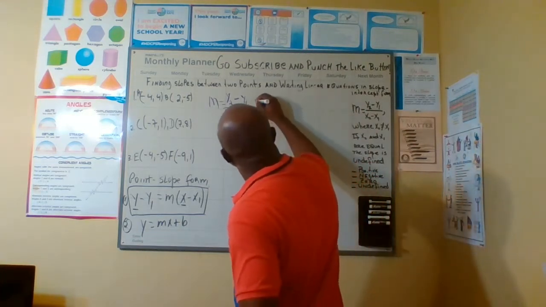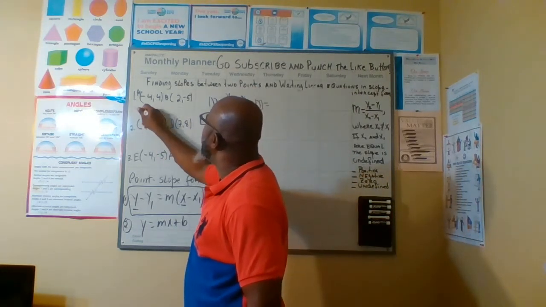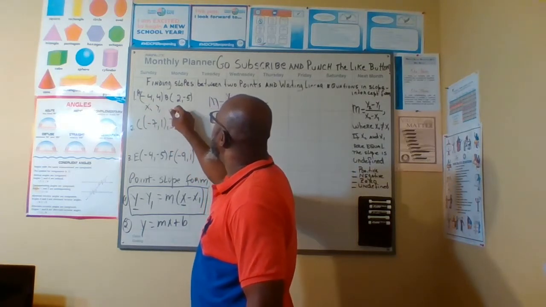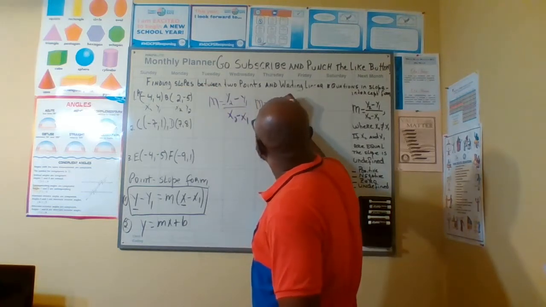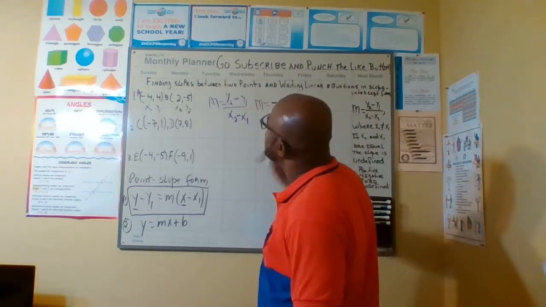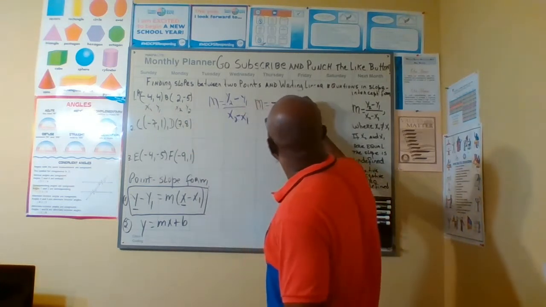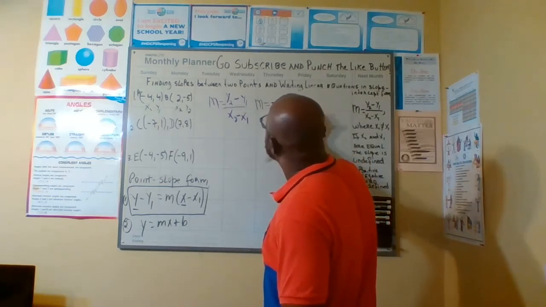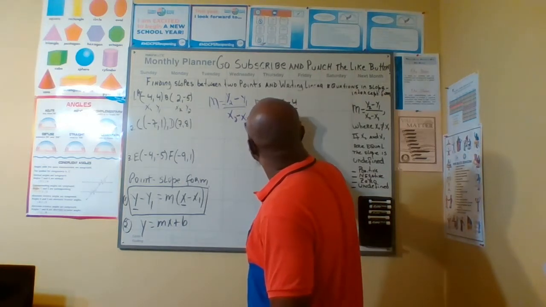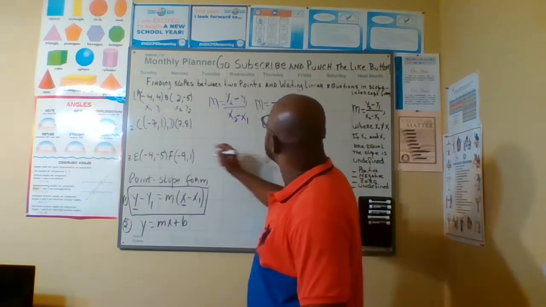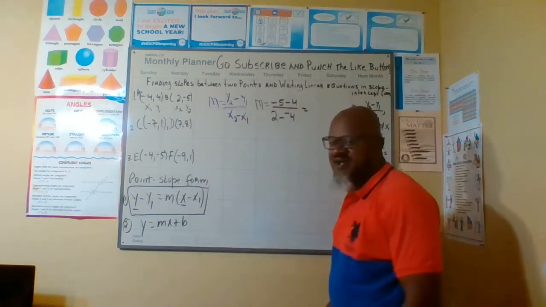I'm going to call these x1, y1, x2, y2. So this is my y2, negative 5, minus, this is my y1, 4, over, my x2, which is 2, minus negative 4.